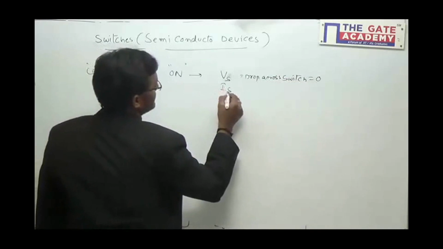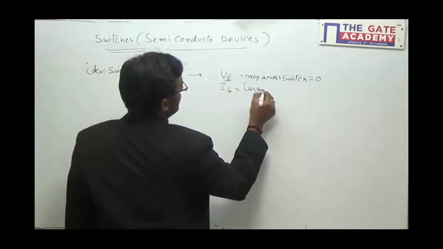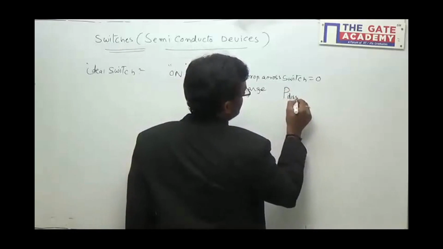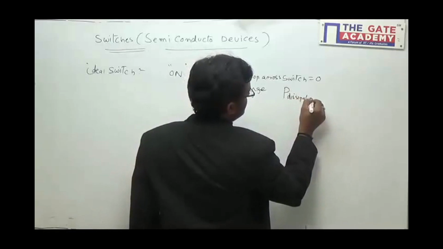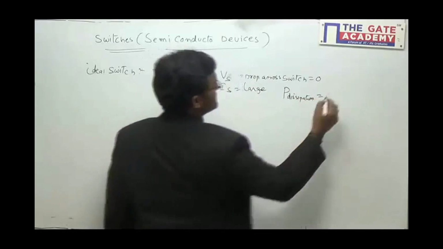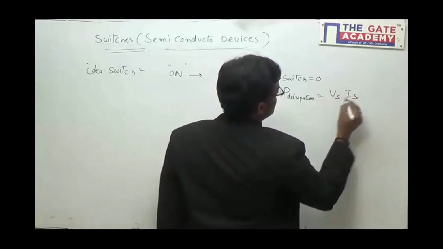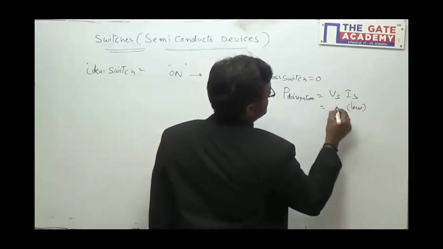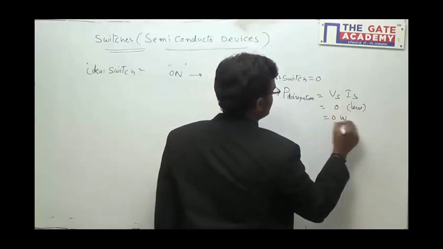What about the current? Current is large. So what is the power dissipation? Power dissipation is nothing but Vs into Is. Of course the current may be large, but Vs is 0. So finally you will get 0 watts.